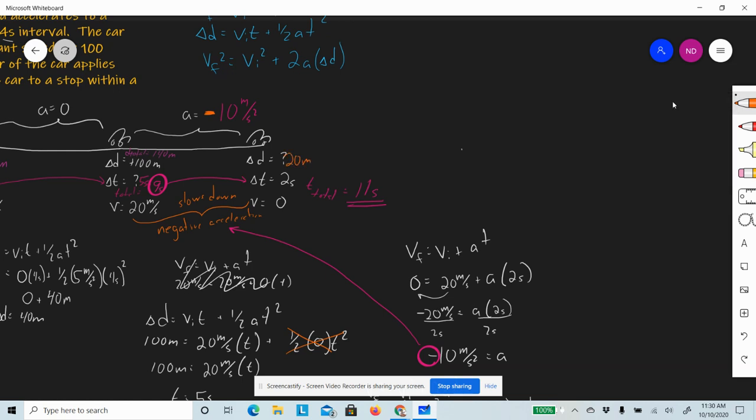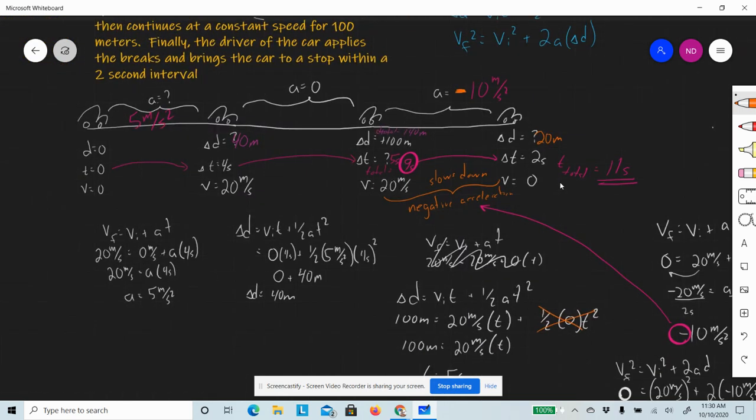It was, right? 40 meters. 40 meters plus 100 meters, 140. 140 plus another 20. Distance total, 160 meters.